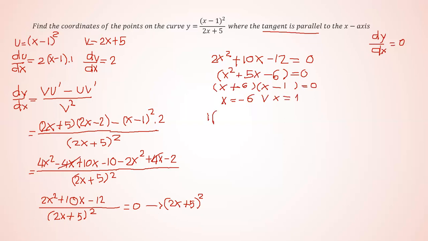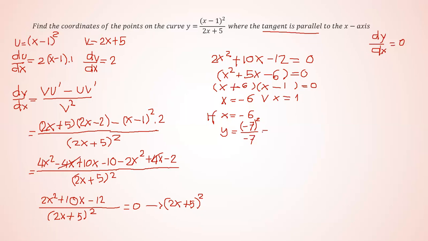Now, if x equals negative 6, it means this equation becomes y equals (negative 6 minus 1), negative 7 squared, over 2 times negative 6, negative 12, plus 5, negative 7.